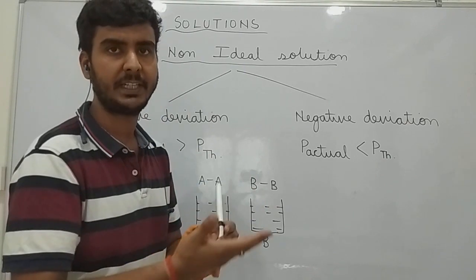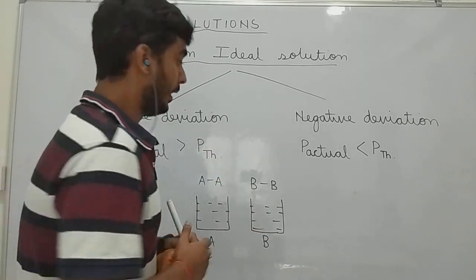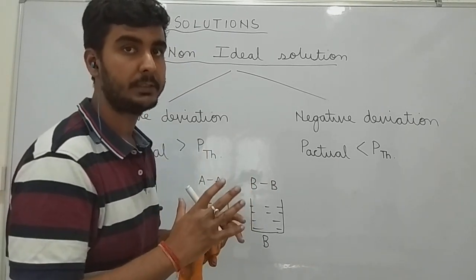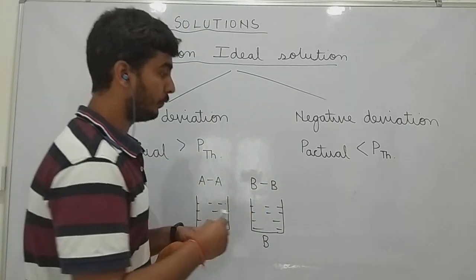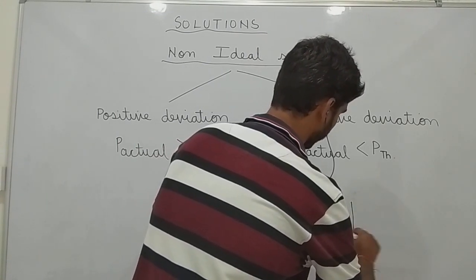This is what happens when the liquid vaporizes. Now, I mix these two volatile liquids A and B to form their solution. Suppose I mix them in a third container.